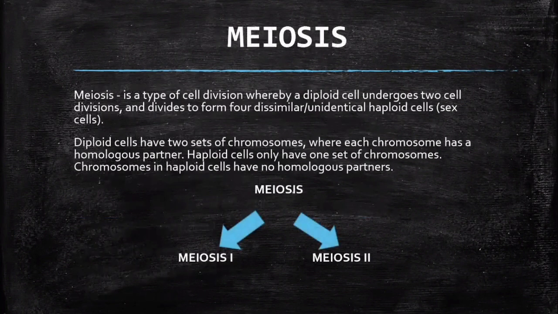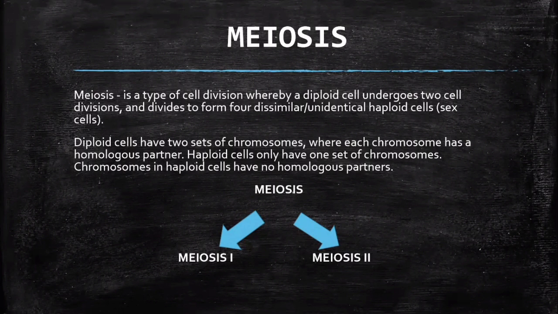Now, what is meiosis? In simple terms, meiosis is a type of cell division whereby a diploid cell undergoes two divisions, division 1 and 2, and then it divides to form 4 non-identical haploid cells, or sex cells. What are diploid cells and haploid cells?